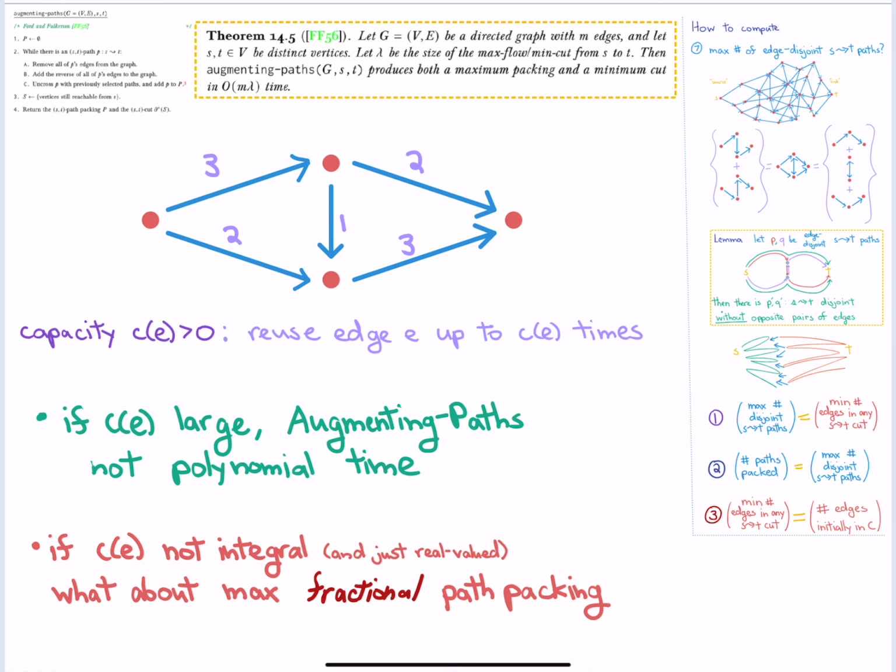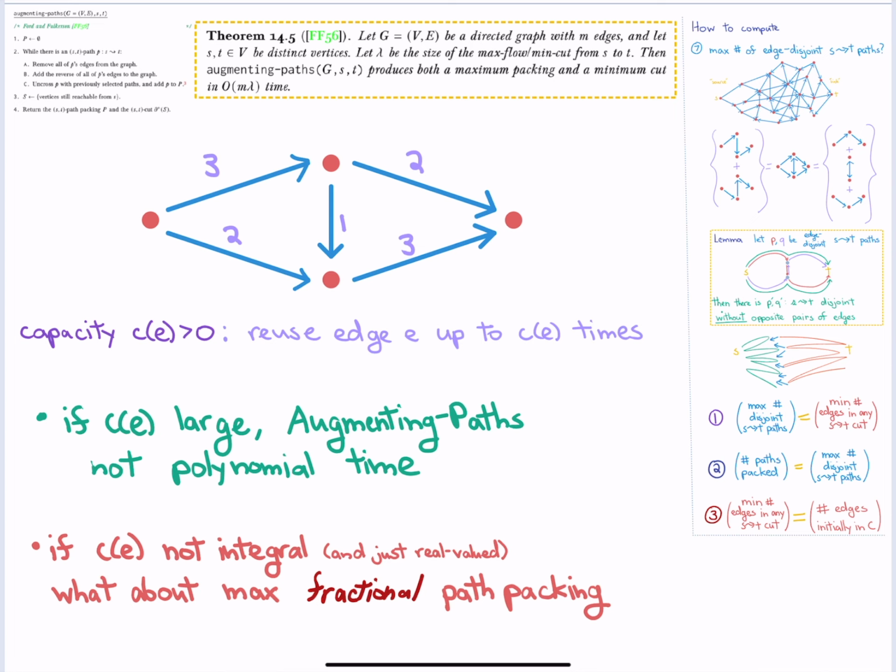The real issue is when you have really, really big numbers, or even fractional numbers. You have capacity 1.1 or something. And the idea we'll formalize in a moment is that if this edge has capacity 10, then 10 different paths are allowed to use that edge. So it's not exactly edge disjoint anymore, but it's still sort of packing. Now each edge has some limit as to how many times you can use it. That limit's not necessarily 1.